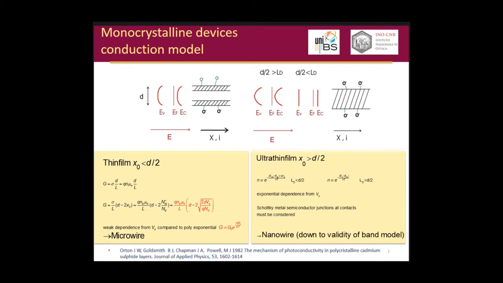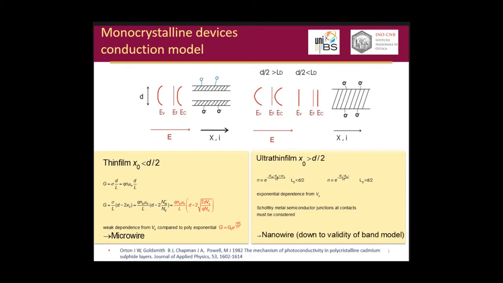That is, if the diameter is bigger than the Debye length, you have the situation of flat band at the center and band bending at the surface. While when they become comparable, you have the situation of completely depleted of carriers. Okay. This has been developed for thin film and ultra thin film, but applies also to nanowires.